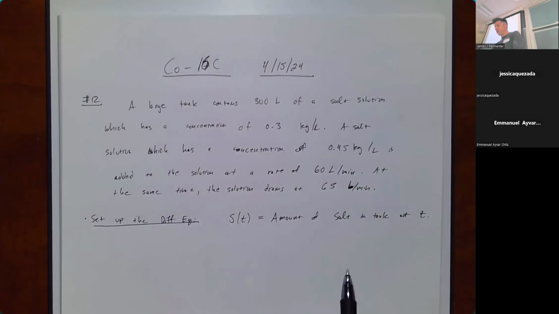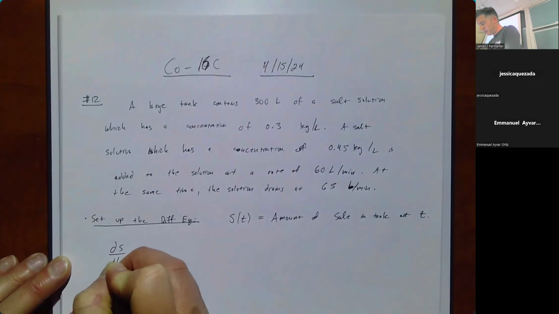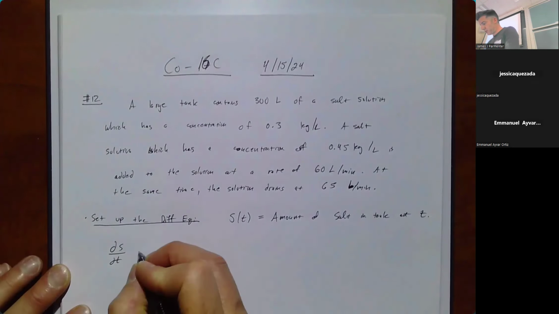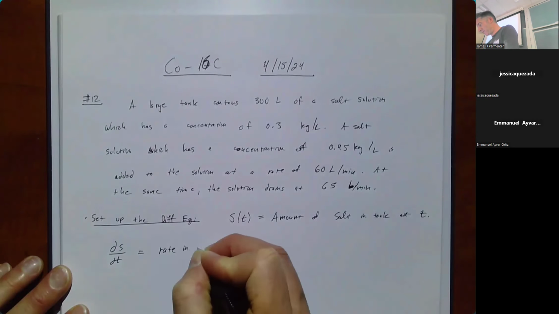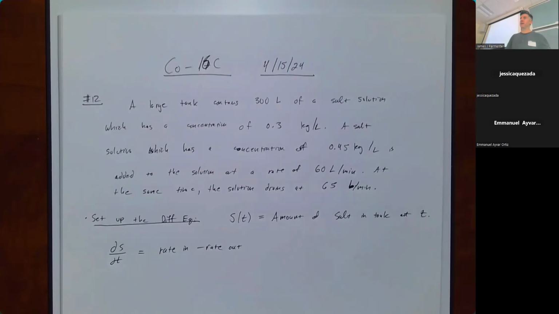So to set up this differential equation, we're going to say that dS/dt, the rate of change of the amount of salt S, is equal to, I usually like to write, the rate in minus the rate out. My teacher's been writing the amount in minus the amount out. Same idea. It's how much we're putting in minus how much we're taking out.